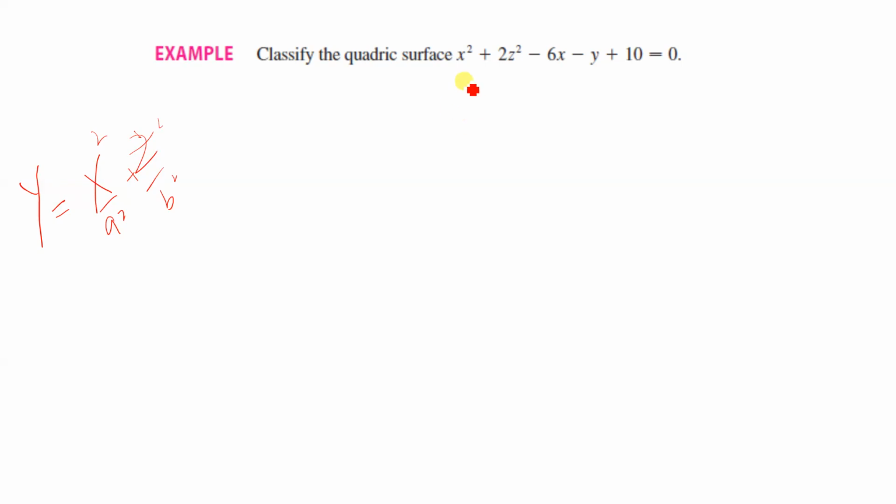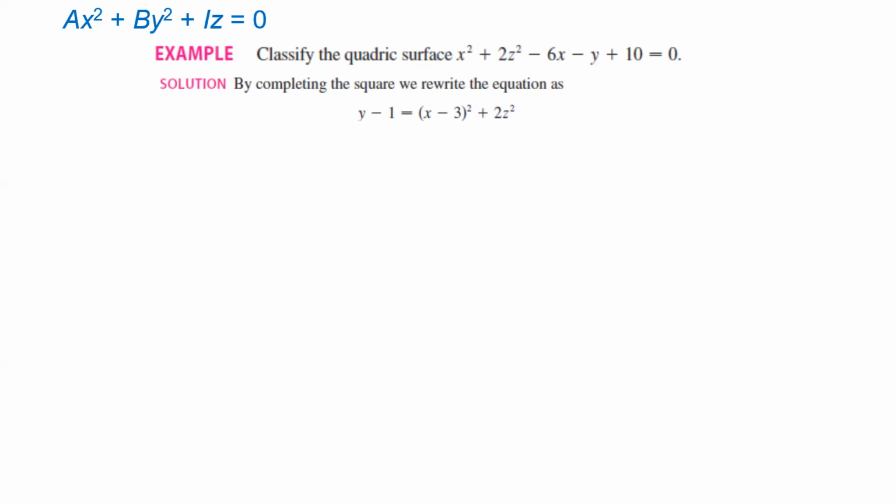If we complete the square of the x terms, we have x square minus 6x, and let's add the square of half of the coefficient of x, that is 3 square, 9, plus 9 and negative 9, and that will give us this: Y minus 1 is equal to x minus 3 square plus 2z square. You can transform this equation into this form. Now this is the uppercase Y I was talking about, and this is X square plus 2z square. Z is the same as the z we have in the equation.